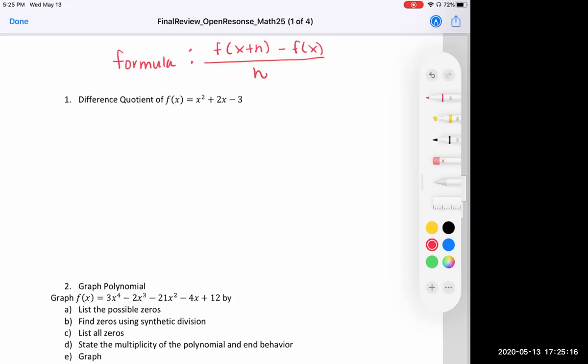And in the future, we interpret it differently once you work in higher level math. The most important part you need to focus on, if you do this much, it's half credit. Find f of x plus h.